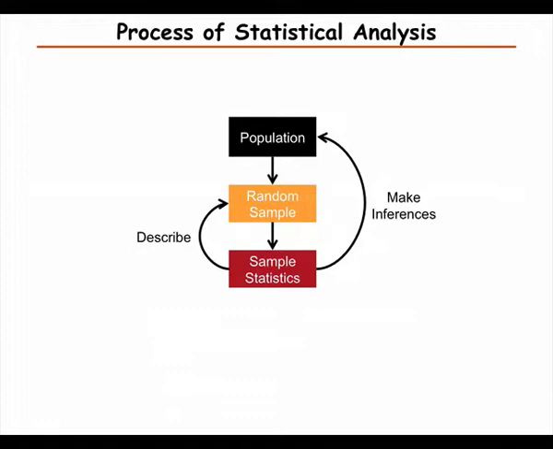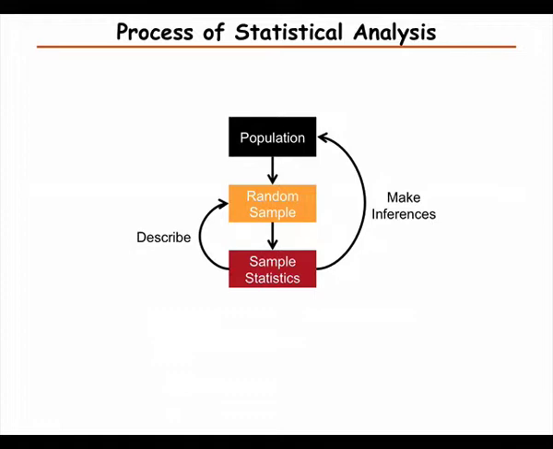So this is the general schematic of a statistical analysis. You have a population that you want to find out something about. And from this population, you select a random sample, because usually the population is too large to investigate completely. Then you calculate some statistics on this sample.